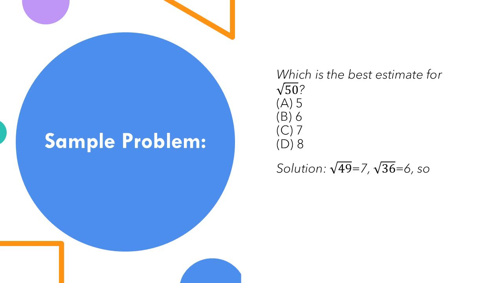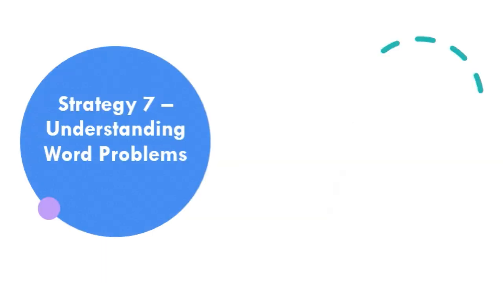Step 3. Choose the best estimate. That leaves us with C, 7. We already know that square root 49 equals 7, and since square root 50 is just a little bit more than 49, the best estimate is 7. Answer: C, 7.